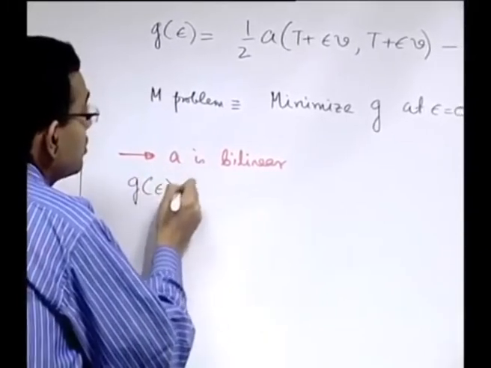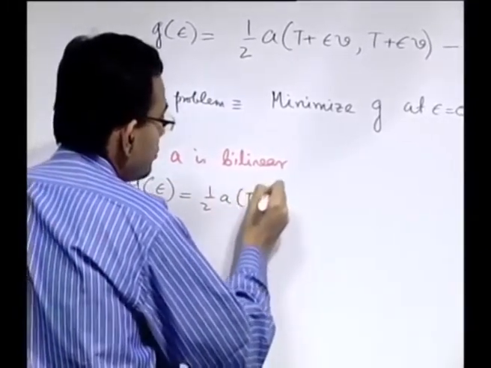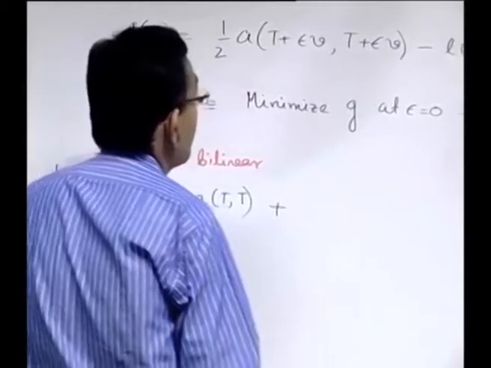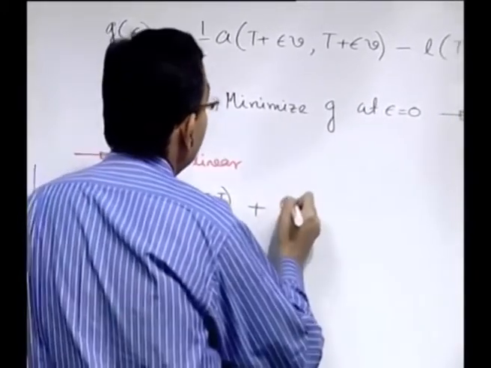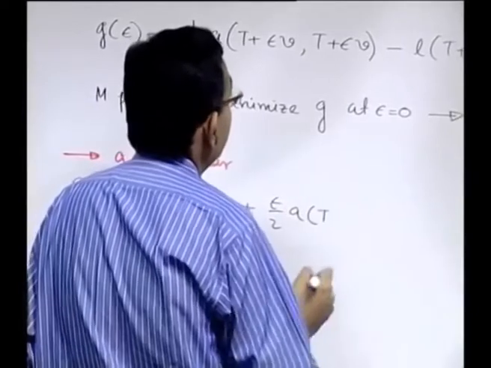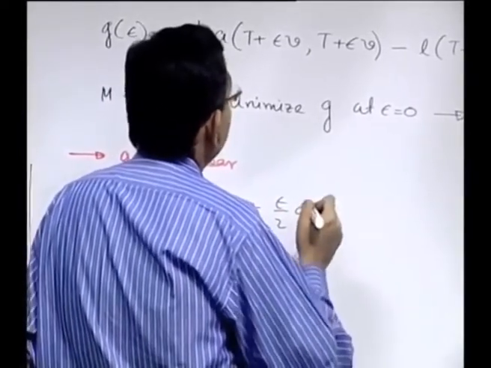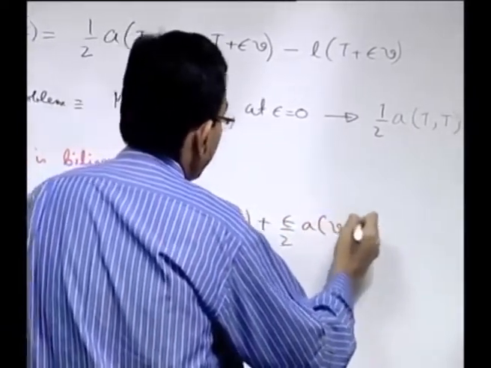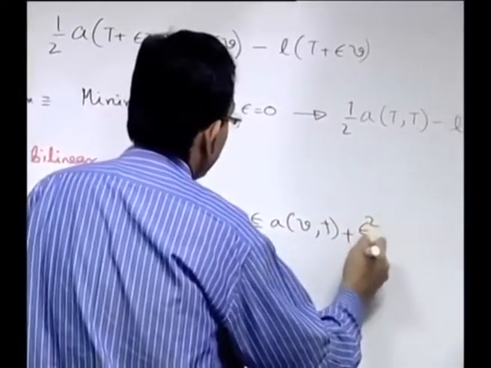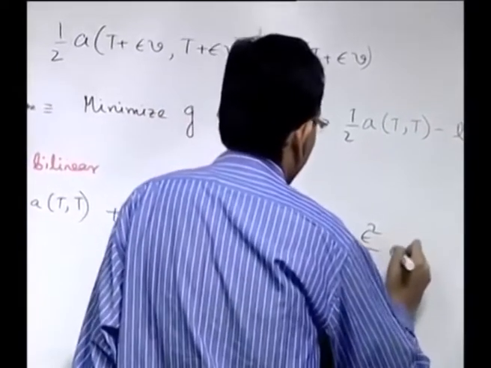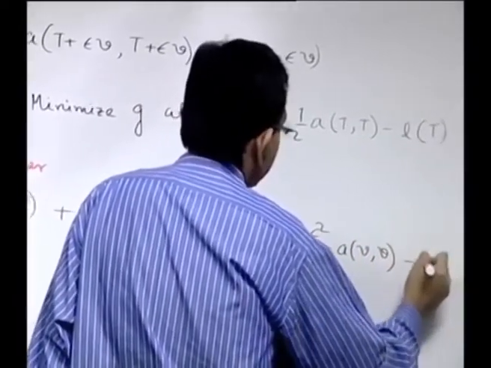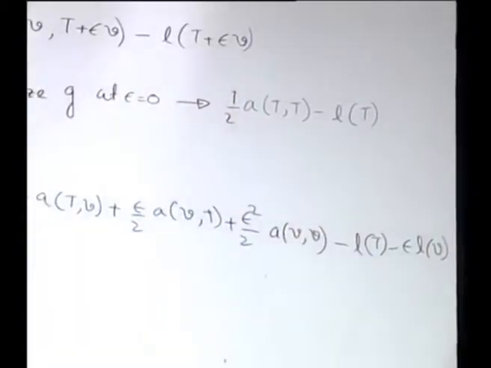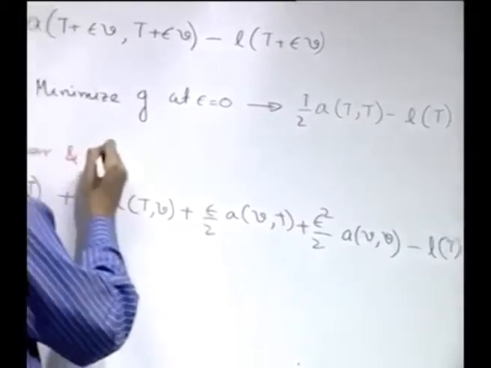So G epsilon is half ATT plus epsilon by 2 ATV plus epsilon by 2 AVT plus epsilon square by 2 AVV minus LT minus epsilon LV. So we have assumed A is bilinear and L is linear.